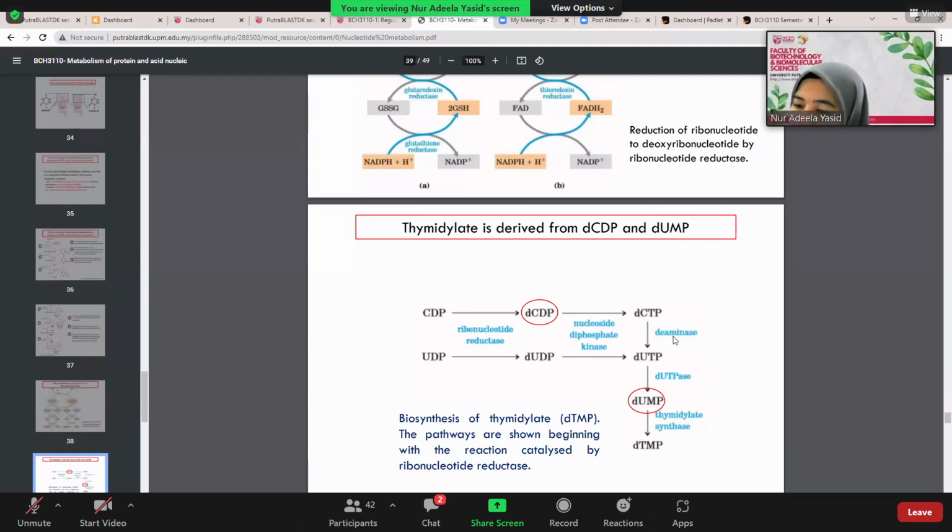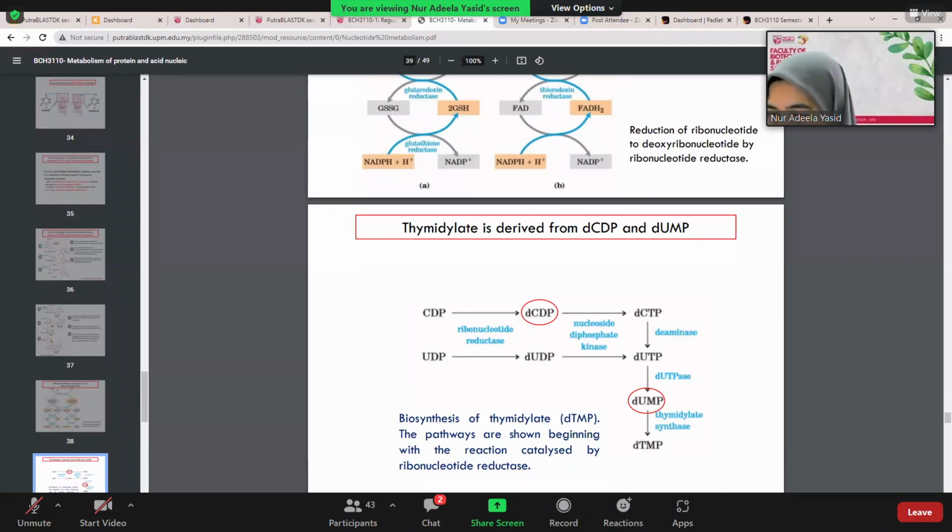From dUTP to dUMP, it involves a reaction catalyzed by dUTPase, and from dUMP to dTMP, it is catalyzed by thymidylate synthase, which involves the methylation I mentioned earlier.